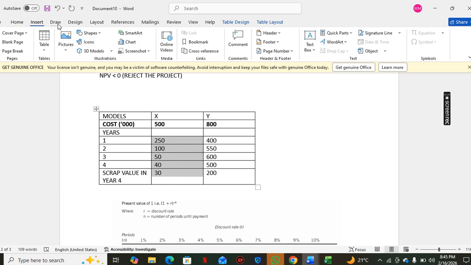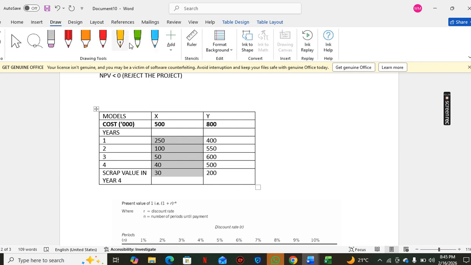If you remember the formula for getting a present value, present value equals future value multiplied by 1 plus r to the power negative t. So all this money here, we're going to convert it into today's value.